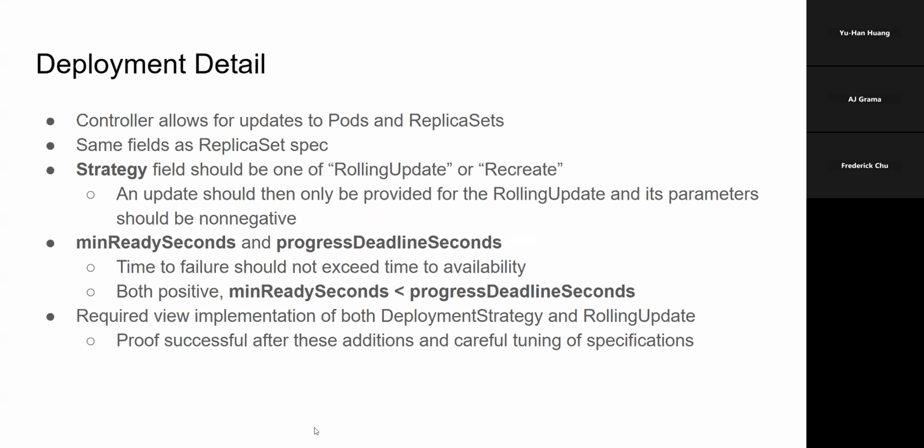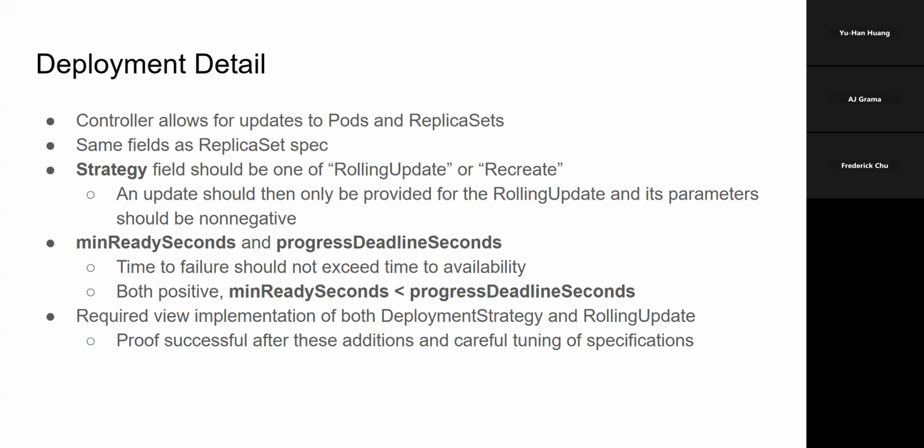For deployment, it actually isn't too far away from replica set, only introducing 4 new fields, 2 of which have completely no restrictions. For example, one of the new fields is strategy, and it has to either be rolling update or recreate. However, it did prove to be a little bit more tricky since some field's constraint depends on another field, and that field might be optional.